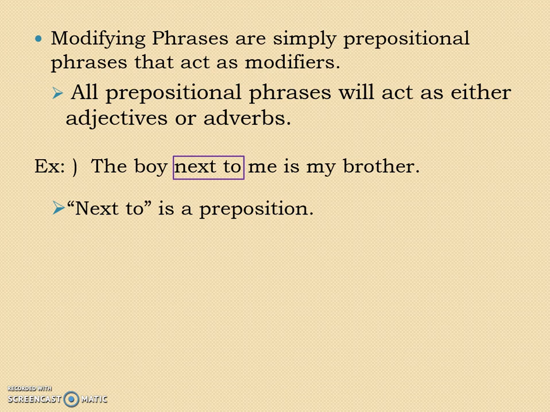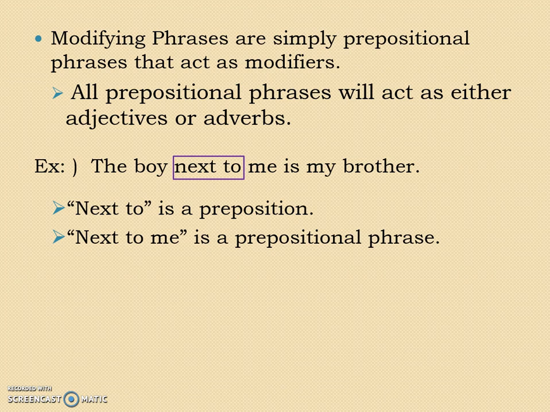So when we look at this sentence, we have to look for the words that just seem to naturally all go together. Next to me. So the phrase next to me makes the entire prepositional phrase. In order to indicate that all of those words act together, we will underline them to show that they are a phrase themselves together.